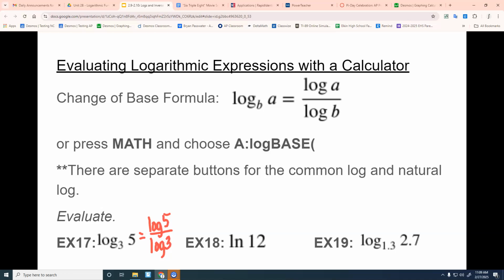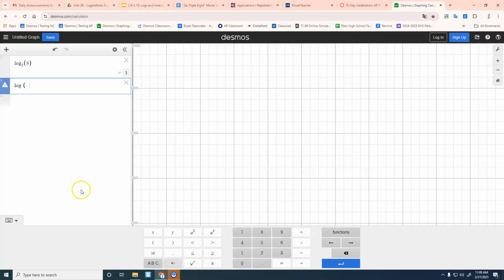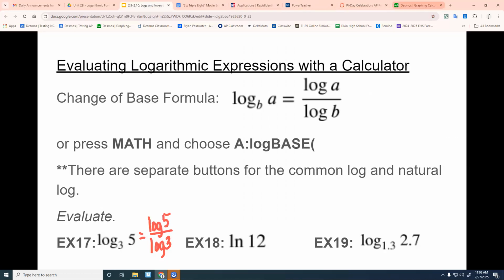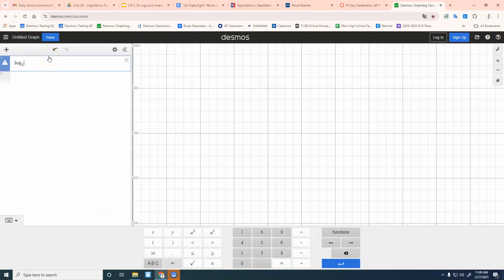You don't have to do this now that we have Desmos, because in Desmos you can just type log base 3 of 5 like that. But if I do log 5 divided by log 3, I don't have to use any special keys. It gives you the same number.